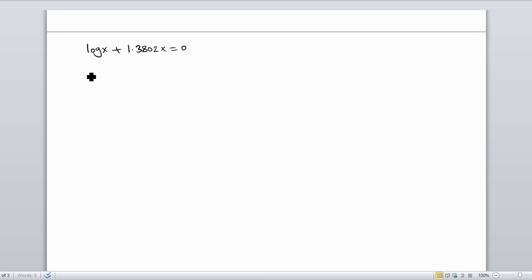The other way you can work out the value of x is by graphing both sides of this equation. First of all, take this value 1.38 to your right hand side of the equal. So you shall have log x equals negative 1.3802x.